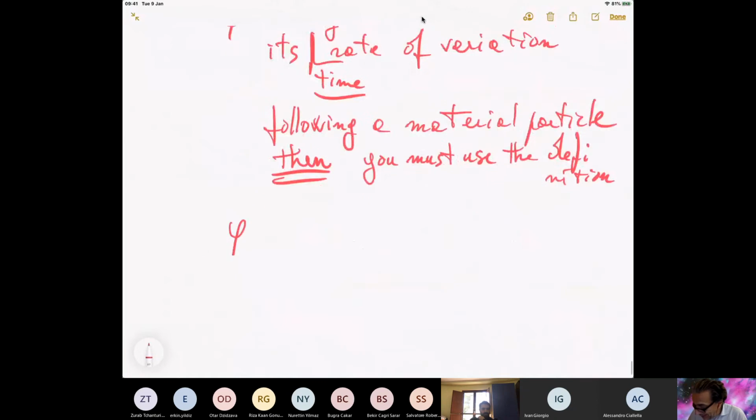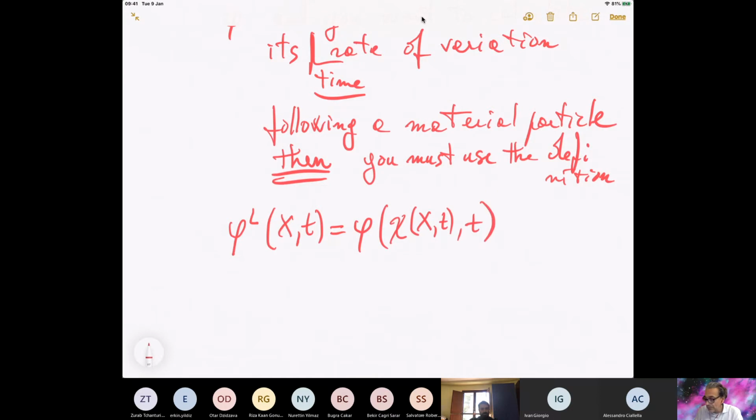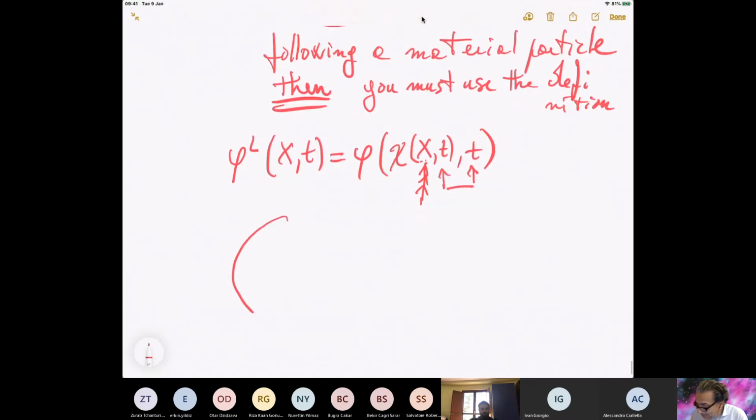Because phi lambda of capital X and t is equal to phi calculated in chi of capital X, t, t. So when time is varying, you are riding a fixed X and you estimate phi along the trajectory.